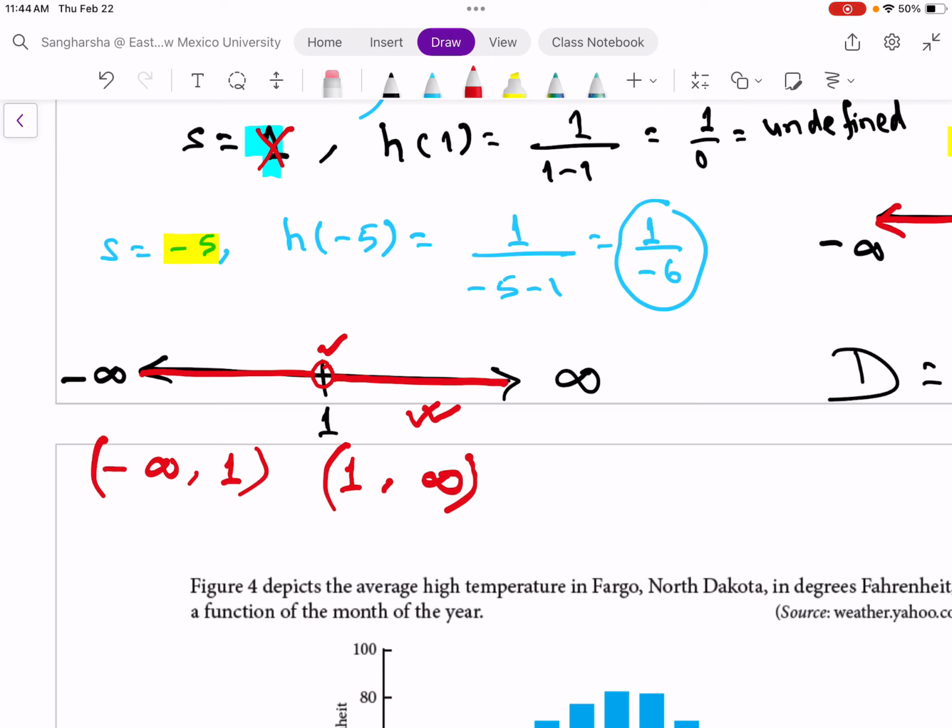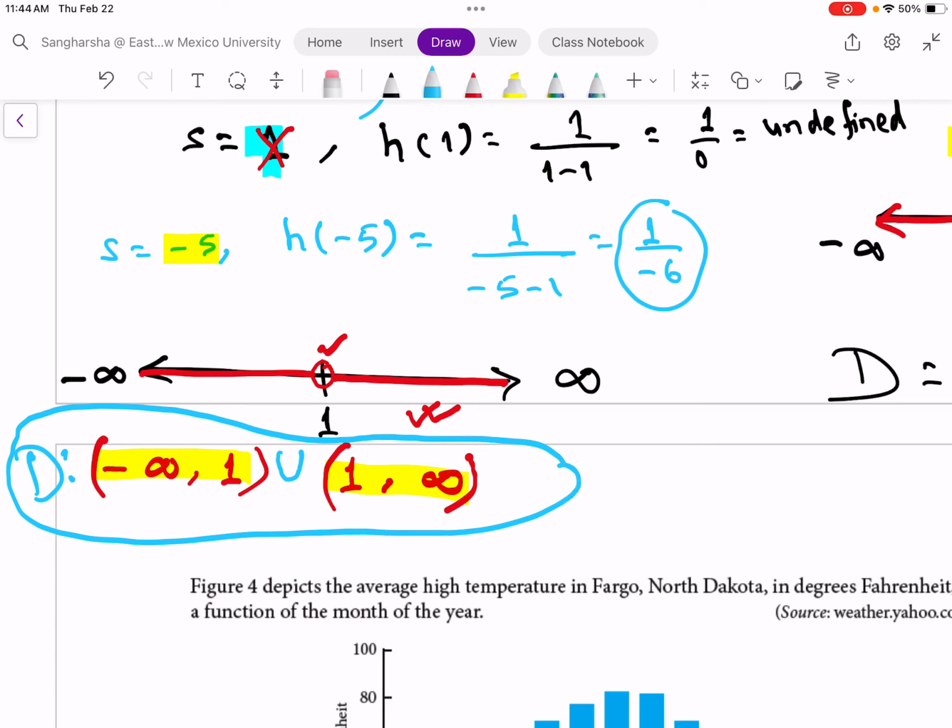Why is there a union? Because we can have a number from this set or this set, and or is the union. So our domain is from negative infinity to 1, union 1 to infinity. If we have a fraction, the number that makes your denominator equal to 0 is not in the domain, but any other number will be in the domain for this function.